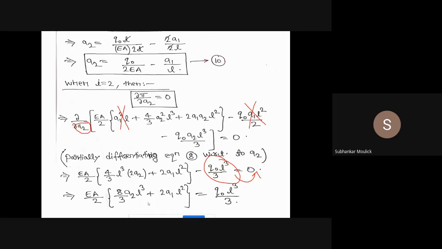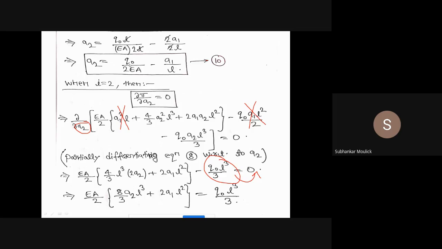Once you get the value of A1, you will put the value of A1 in equation number 10. You will get the value of A2. So let us substitute the value of A2 over here. If you substitute the values and solve it further, you will finally get the value of A1 coming out to be Q naught into L divided by EA.